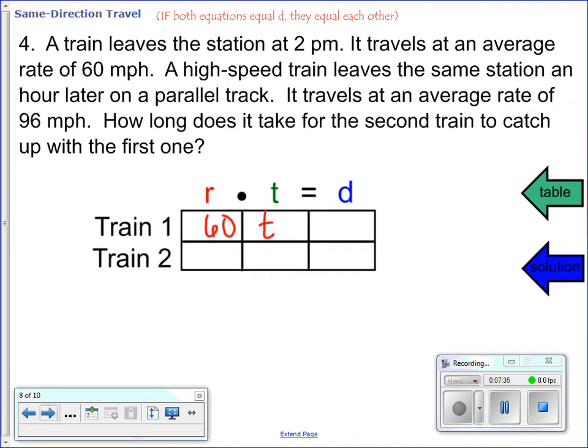I don't know how long, but that's going to equal the distance. Train 2 is going 96 miles an hour, but my time is T minus 1 because it left an hour later, equals D. Now I have my two equations, which is 60T equals 96 times (T minus 1).